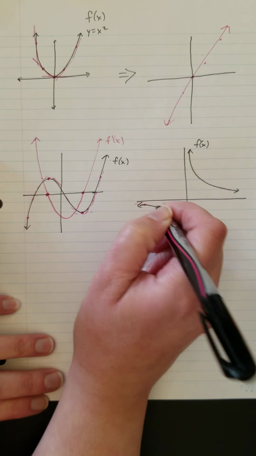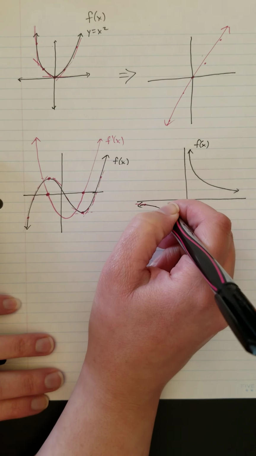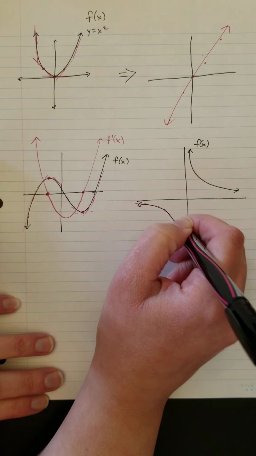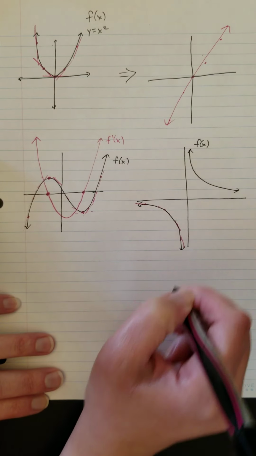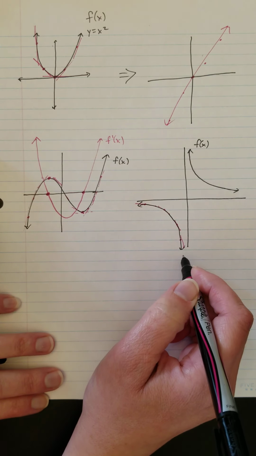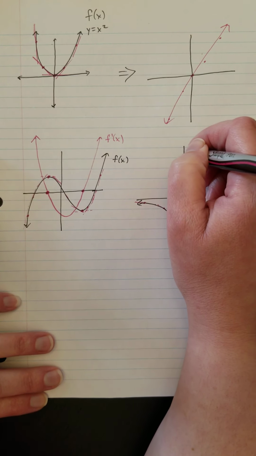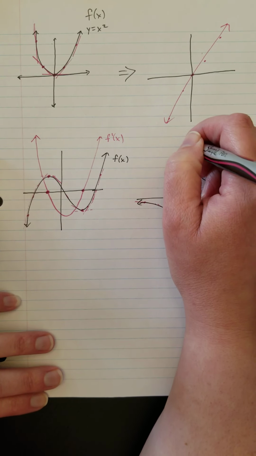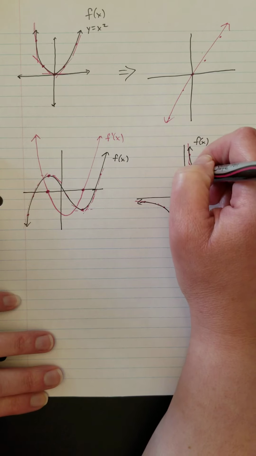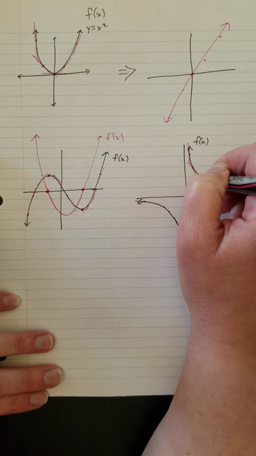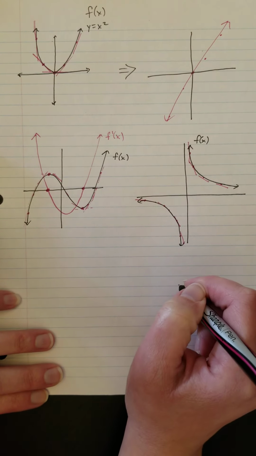For these points, we've got little negatives getting to be bigger negatives, and as we get into the asymptote, it gets really big negative slopes. The other piece is also going to be all negative slopes. So you've got really big negatives, really smaller negatives, but it's never going to have a positive slope.